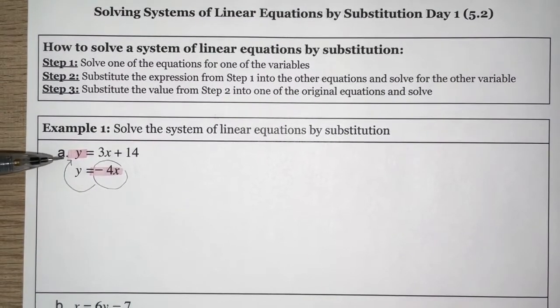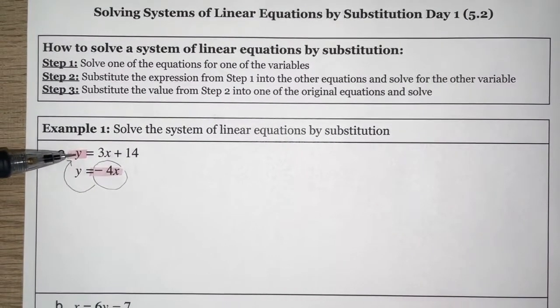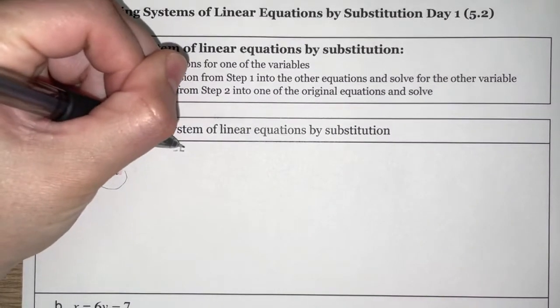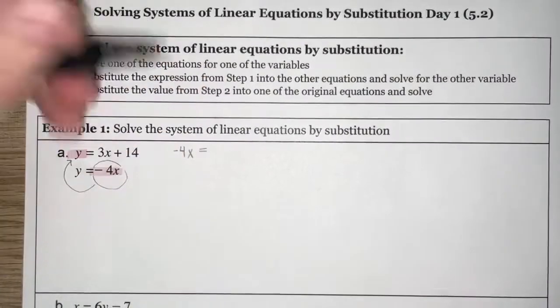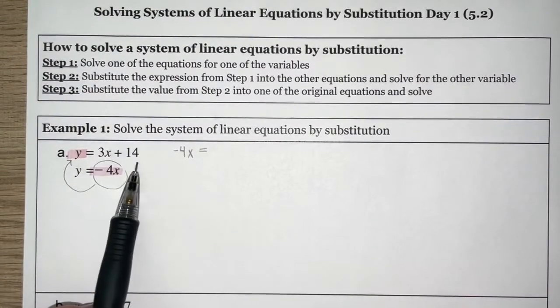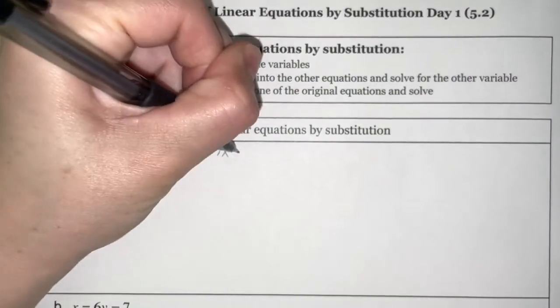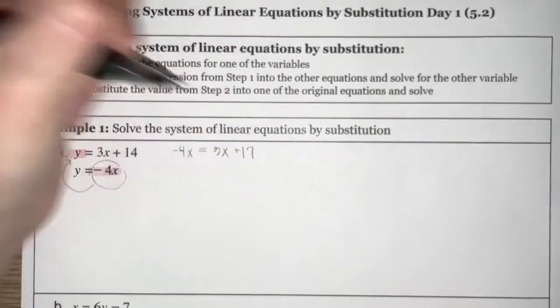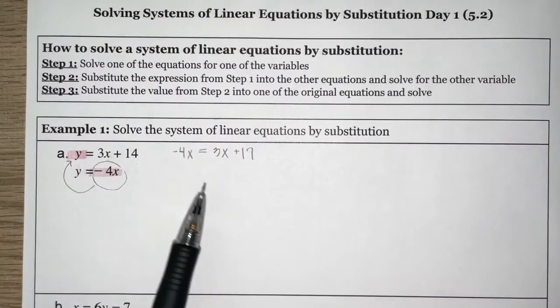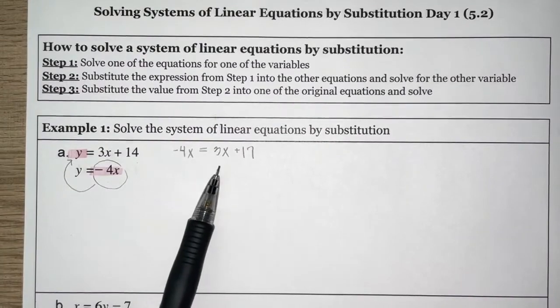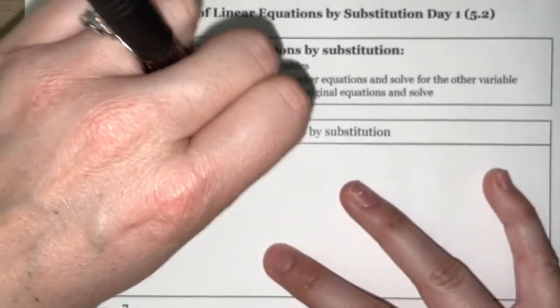So when we do that, this first equation, which started off as y equals, becomes negative 4x equals. And then the rest of the equation stays the same, so 3x plus 14. So now I have the equation negative 4x equals 3x plus 14.